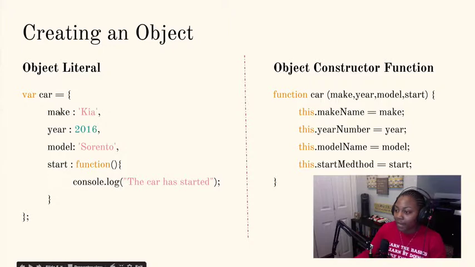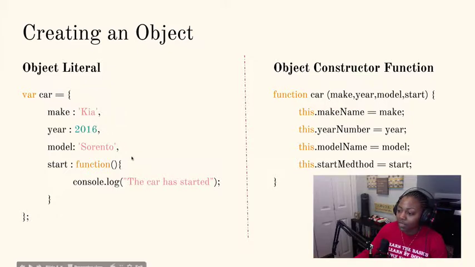So let's recap. We went over creating an object. Object literal, we first said var, and then the name of the object, the equal sign, and the curly braces. Then this is a property name, and the property name is followed by the colon, and then the property value. If we want to add more properties, we add a comma.